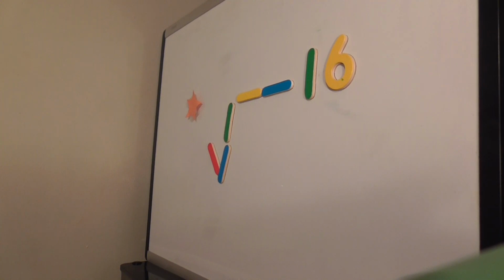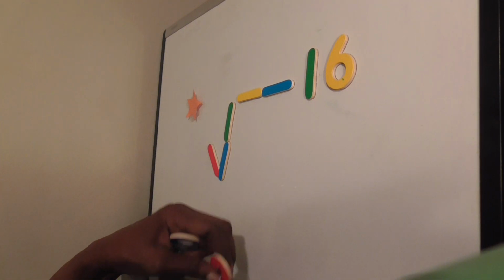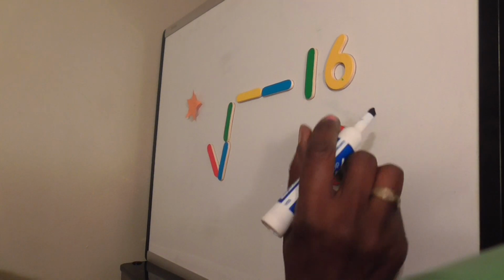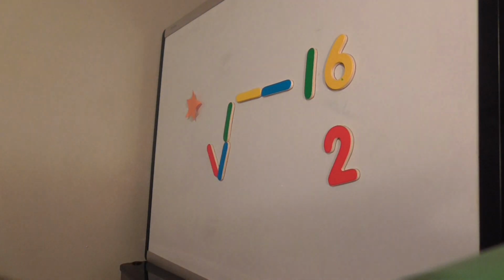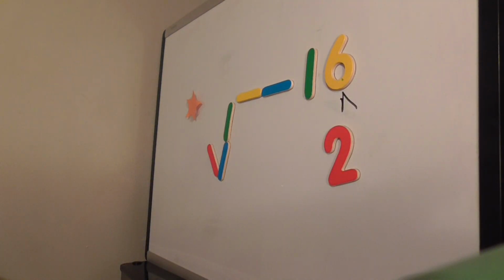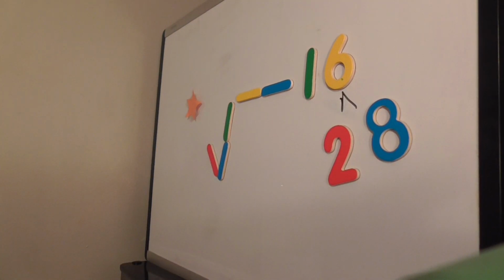Because it's a square root and we're multiplying the number by itself, we're going to use the number 2 in the tree factor. 2 times what equals 16? 2 times 8 equals 16.